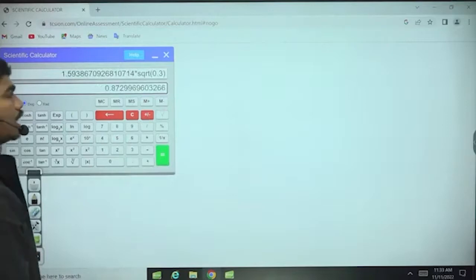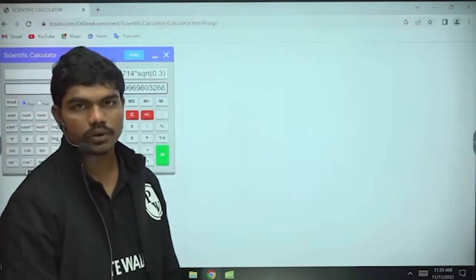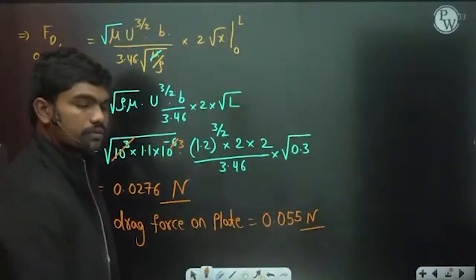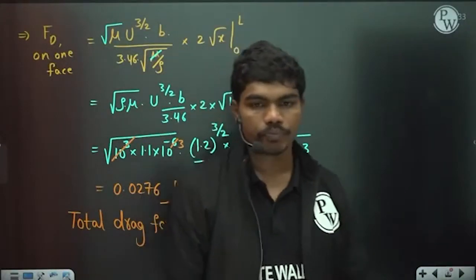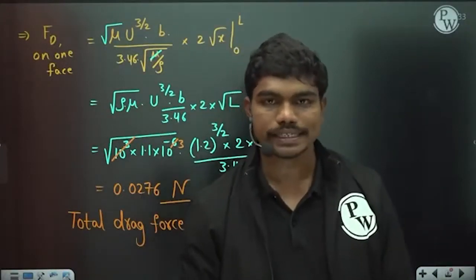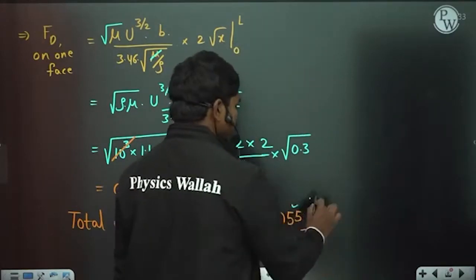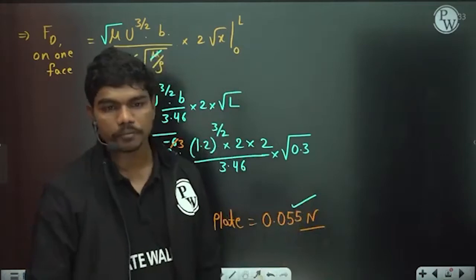This is the value you are getting on one side. On both sides, you are getting 1.749 something. Clear? So this is the same value you all are getting, right? So 0.055 is the correct answer in this case, if there is no calculation error. Clear?